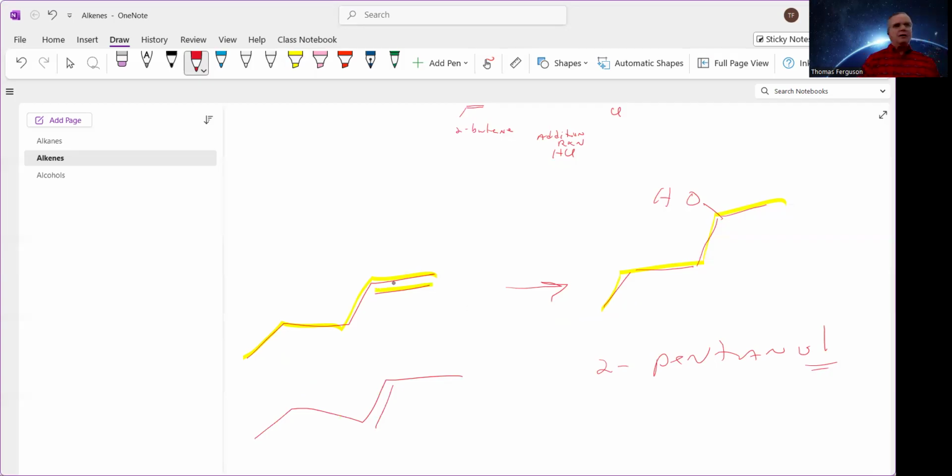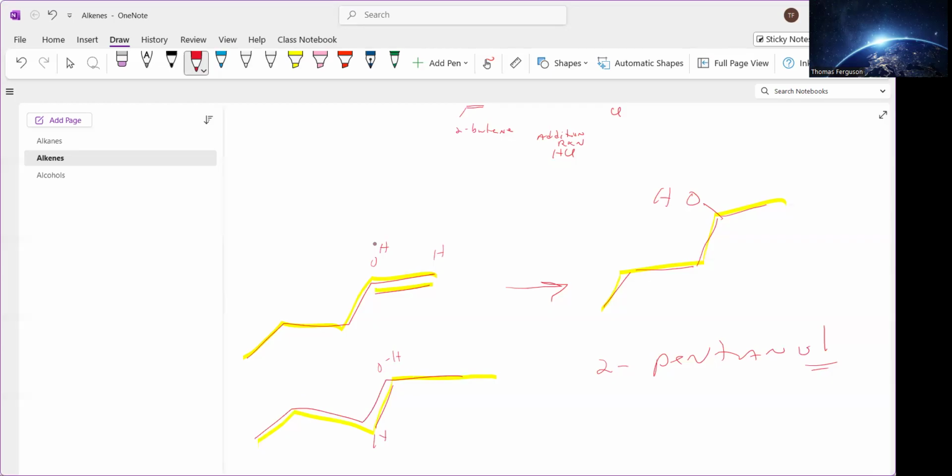Both will give us an alcohol on carbon number 2, because we're going to add water. There, or there. So either one of those.